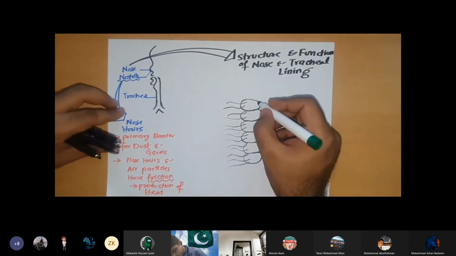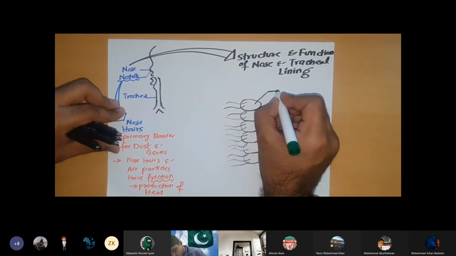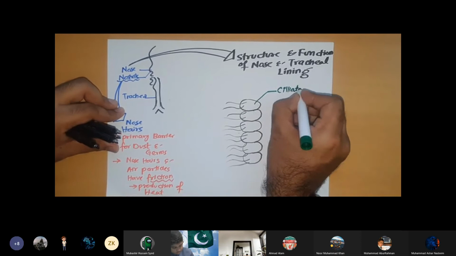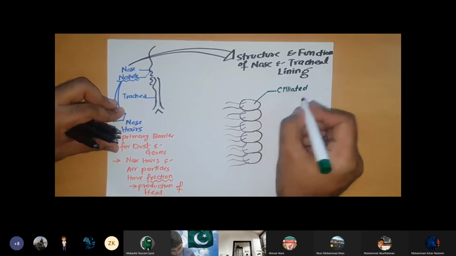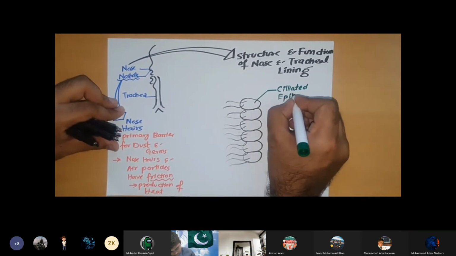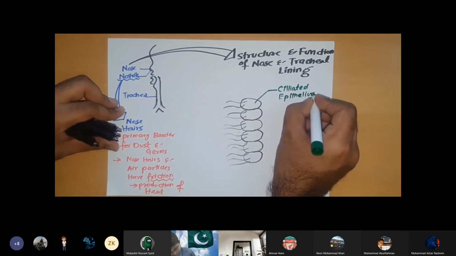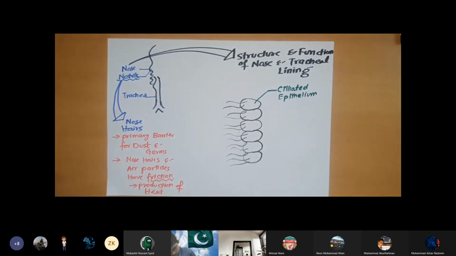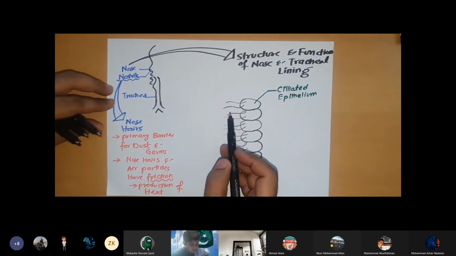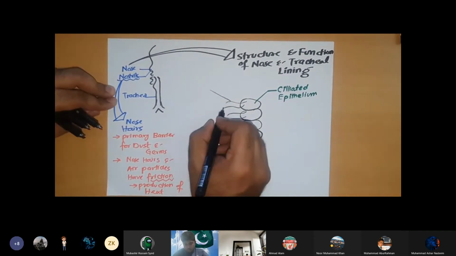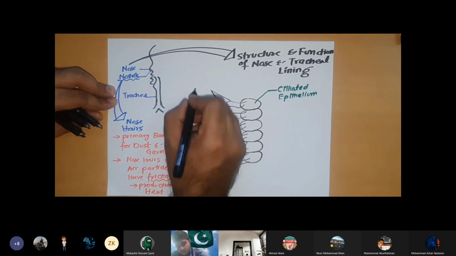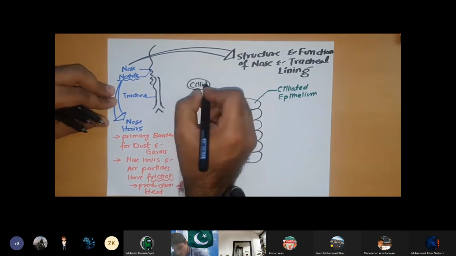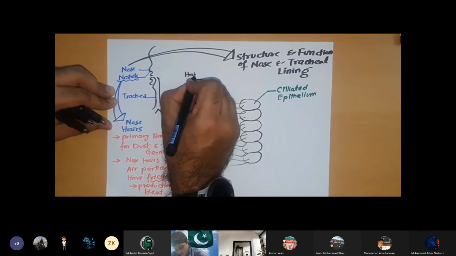Let me mention this over here, that these cells are referred to as ciliated epithelium. Now, the question is, why are they referred to as ciliated epithelium? Because they have these hair-like structures which are called cilia.